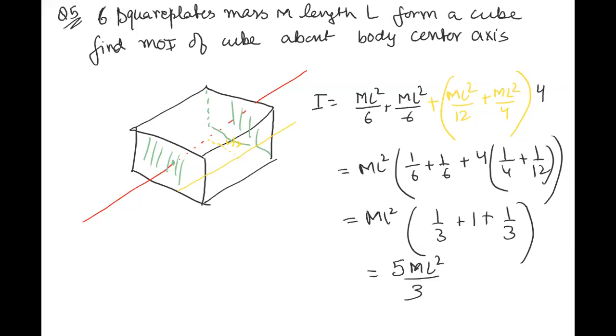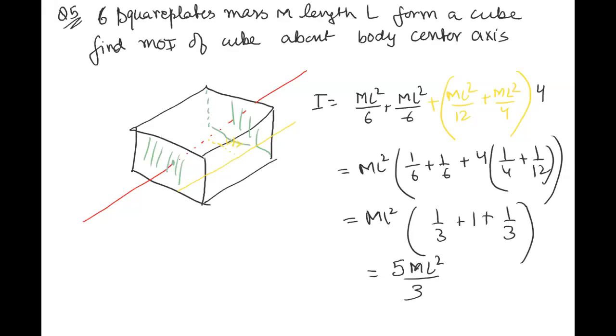Will you agree with that, Tulika? The moment of inertia for the two green faces will be simply ml square by 6. Yes? No? Okay.